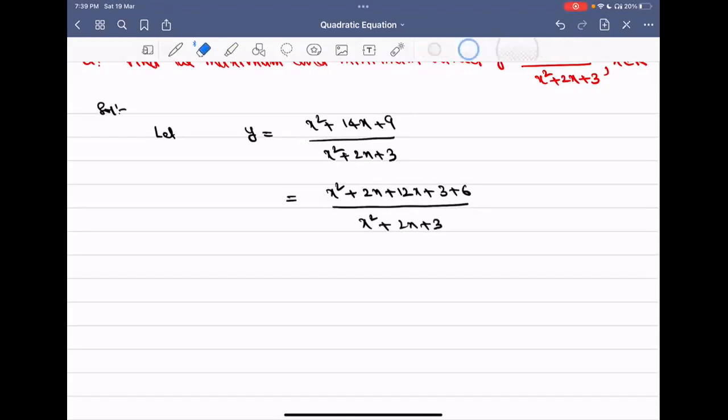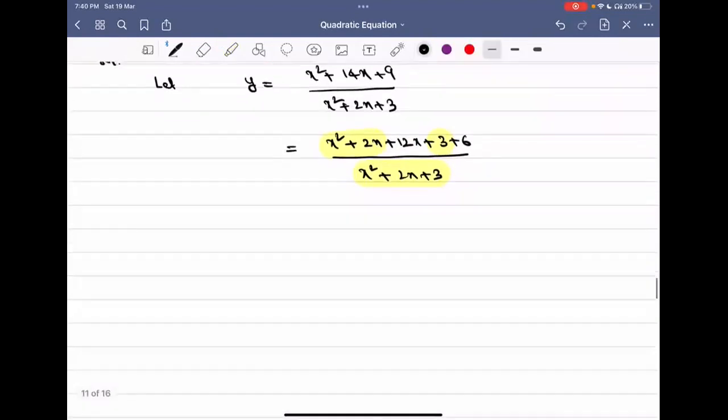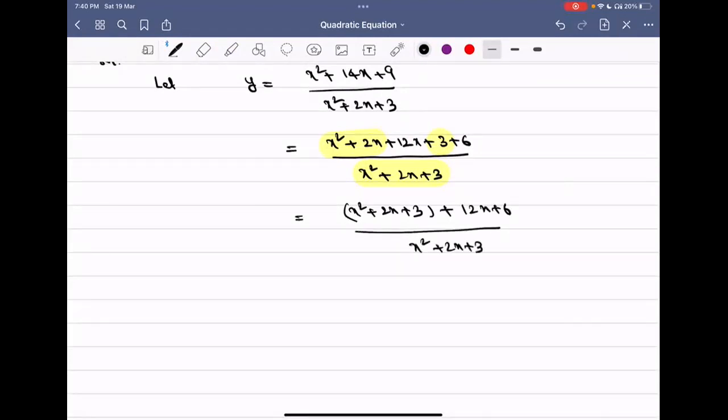Now if you observe, this x square plus 2x plus 3 in the numerator and the denominator is the same. So now this can be written as x square plus 2x plus 3 plus 12x plus 6 over x square plus 2x plus 3.